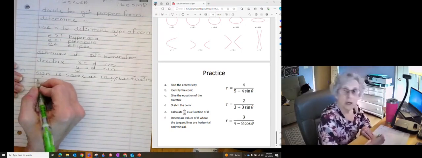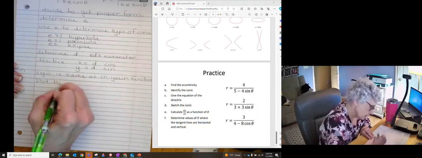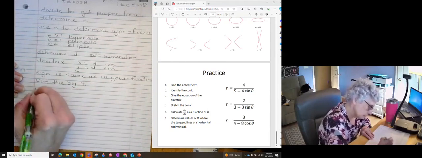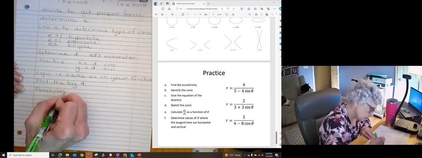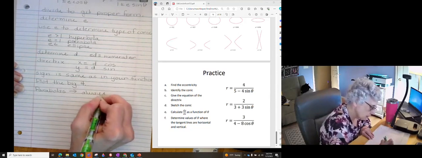Then, to sketch your graph, plot the big four. Parabolas always have one undefined.